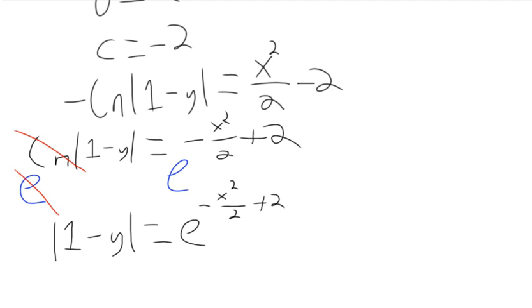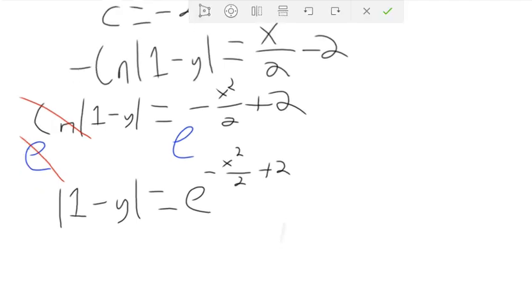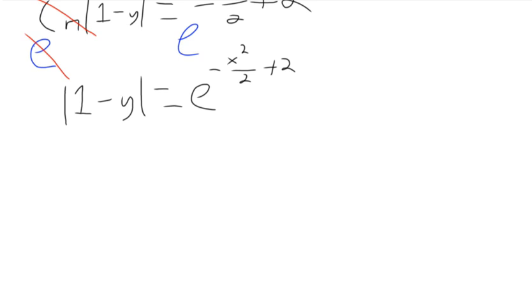Now I just have to do two cases here because I have the absolute value. My two cases are going to be when y is less than 1, or when y is greater than or equal to 1. If y is less than 1, this will be positive, so I don't have to worry about the absolute value.